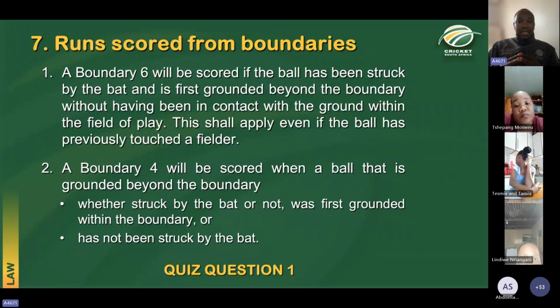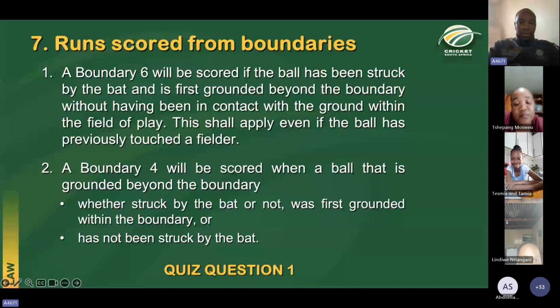The second signal will not be boundary 6 because a boundary 6 can only be scored if the ball has been struck by the bat. Lower down on this slide, it tells us that a boundary 4 will be scored if the ball has not been struck by the bat.